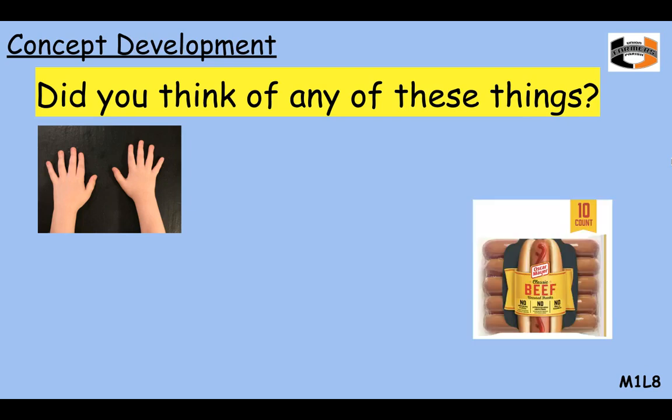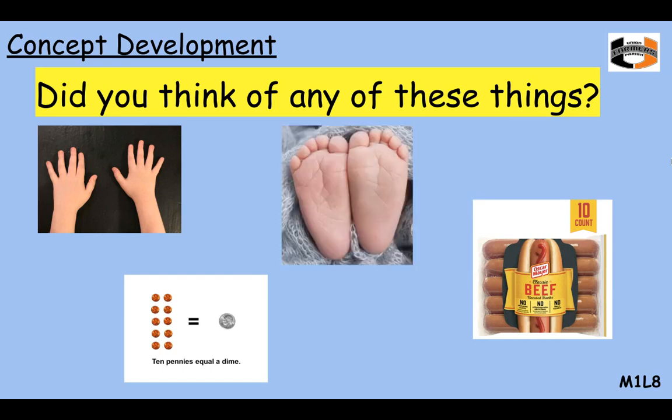Hot dog packages usually come in packages of 10. 10 pennies are in a dime. A dime is like a package of 10 pennies. And finally, we have toes. We have 10 toes on our feet.